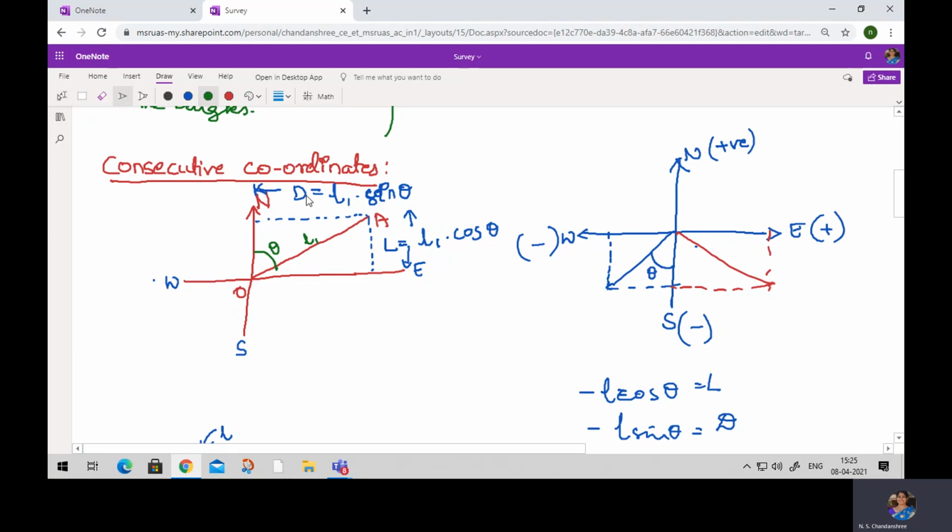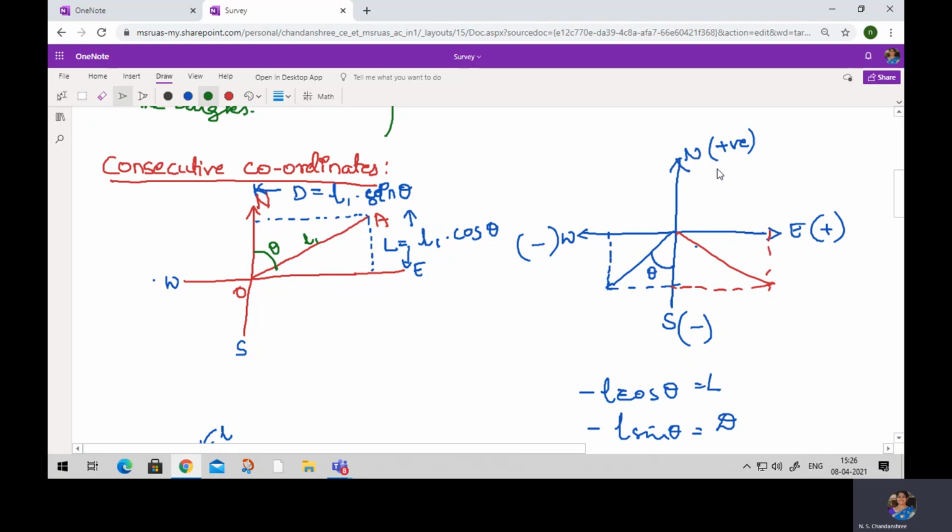Similarly, the departure of a line can be found out by using this formula, that is D is equal to L sin theta. It is simple trigonometry that is being used here. L sin theta, or the departure, is the projection of the line on the east-west or the x axis. Now we will see the sign conventions for these directions.